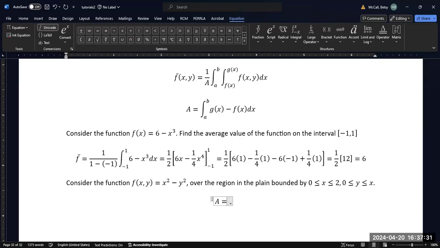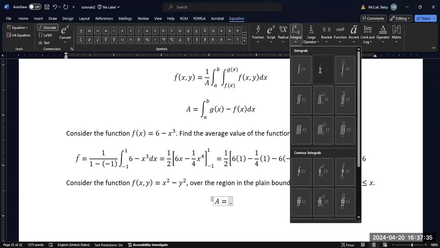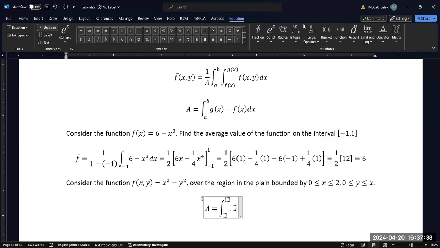So let's go ahead and calculate the area of our region. Now we can set this up as a single variable interval, which would be the function y equals x and then minus 0, because that's the bottom of our function.